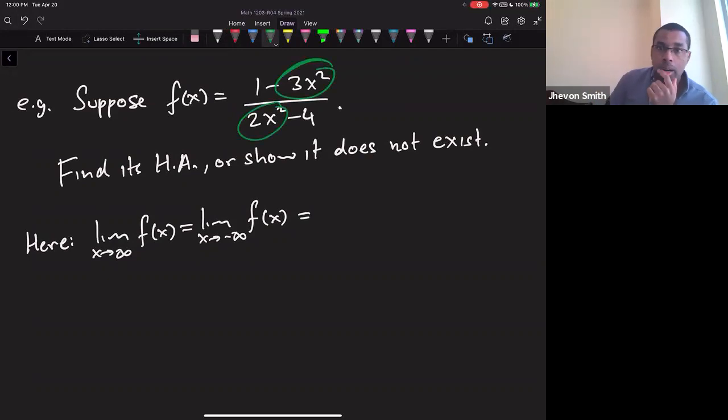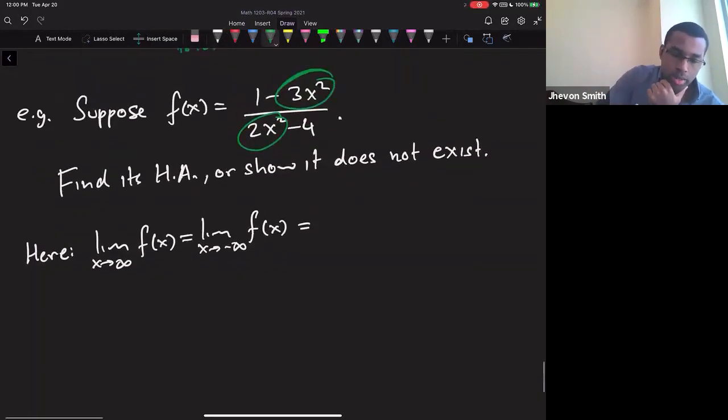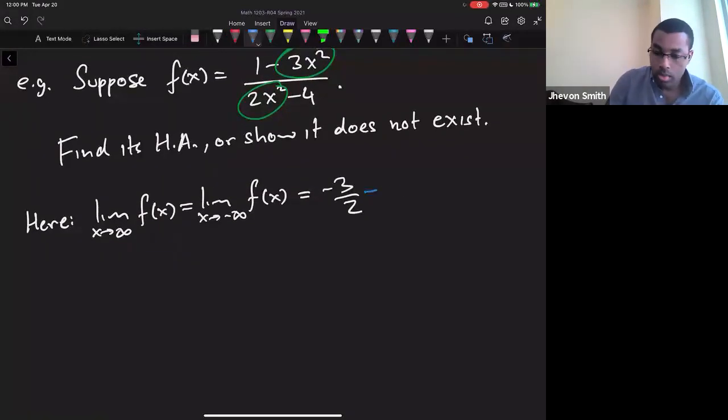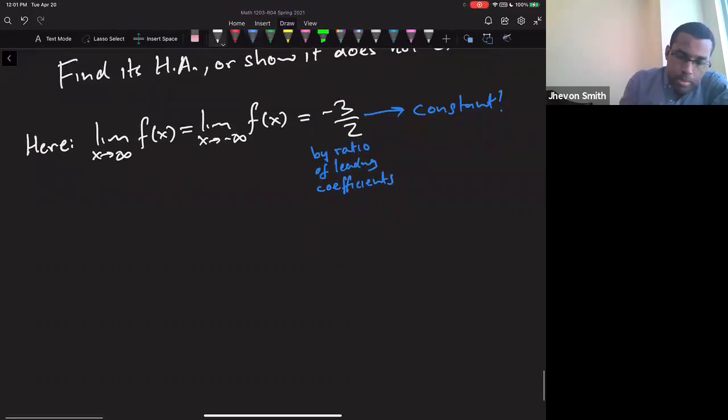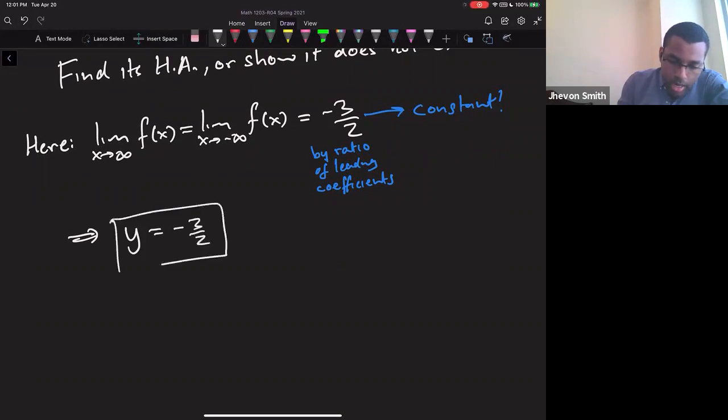Look at the highest powers. The highest power in the top and bottom are the same. So it goes to the ratio of leading coefficients. That's a constant. It's just a number. This is by ratio of leading coefficients. Right? And so once you get a constant, it turns out that that means y equals minus 3 over 2. This is a horizontal line, is an HA. So horizontal asymptote.